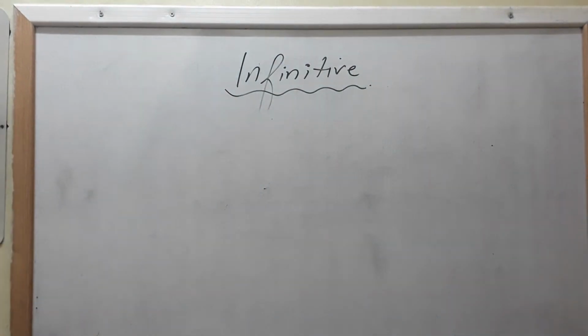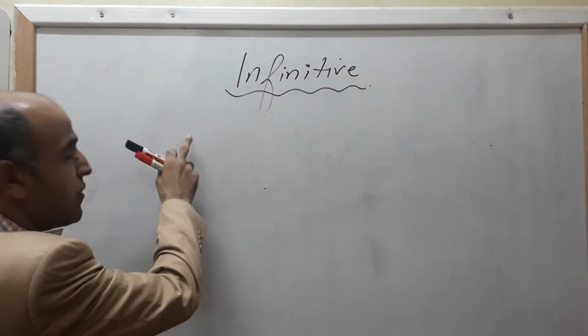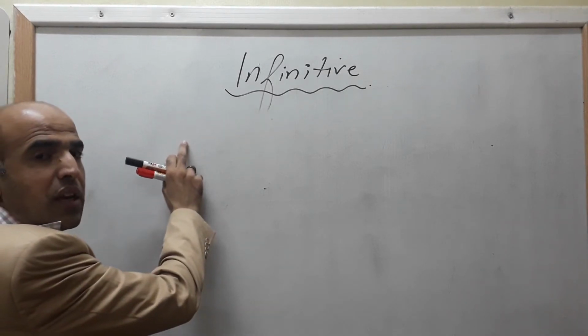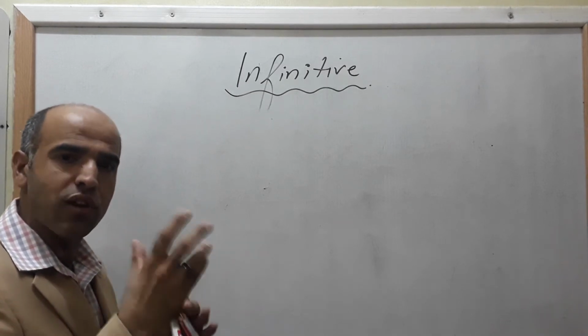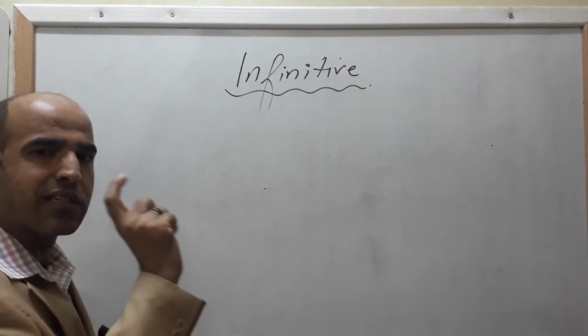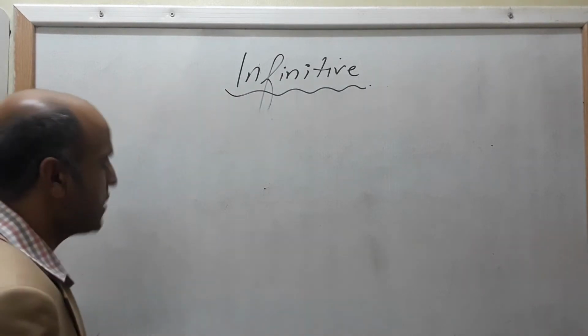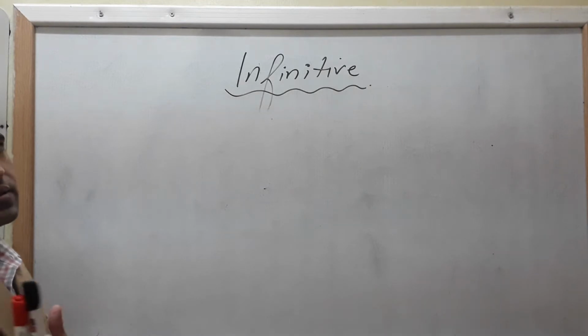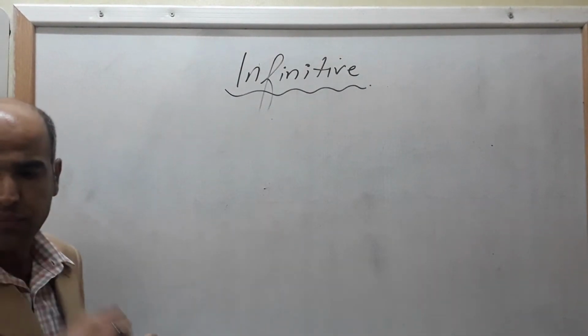Before proceeding, let me tell you that the subject of the sentence always comes in the beginning of the sentence. The proper slot, S-L-O-T, means the proper place of a word in a sentence. The slot of the subject is always at the start of the sentence. Now look, let me write an example.